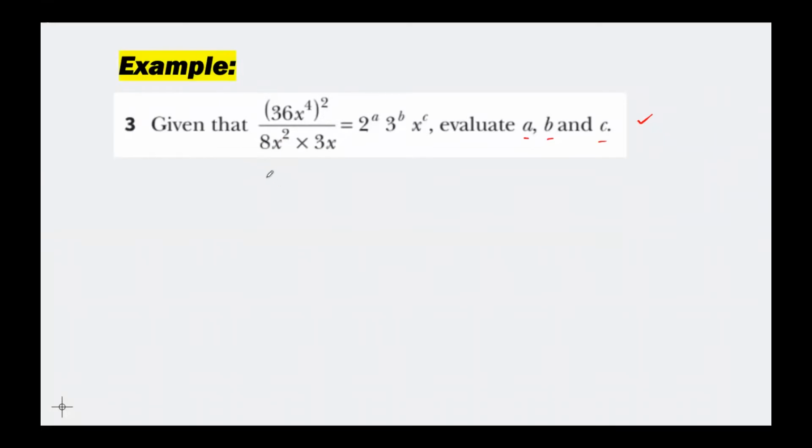So 36, we can write 36 as 6 times 6, that means 6 squared, or that is actually 2 squared times 3 squared, because that's 4 times 9, and that is x to the power of 4, bracket squared, divided by your 8, which can be expressed as 2 to the power of 3.